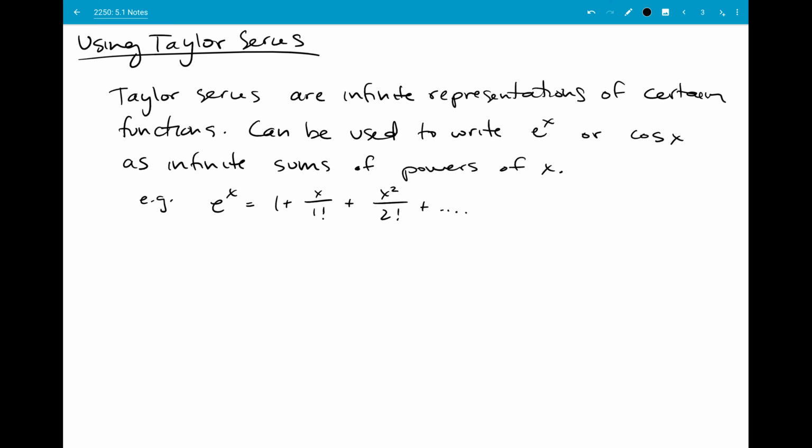And then you could approximate by saying, okay, e to the x, if I wanted to calculate it, could be close to 1 plus x over 1 factorial plus x squared over 2 factorial, so on and so forth, but I stop at, let's say, 100.